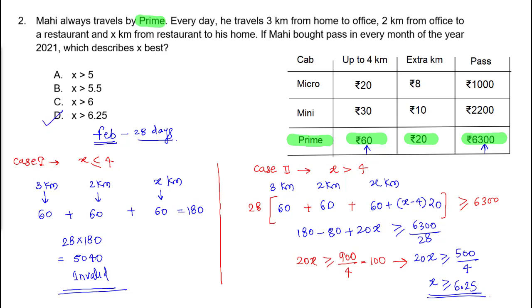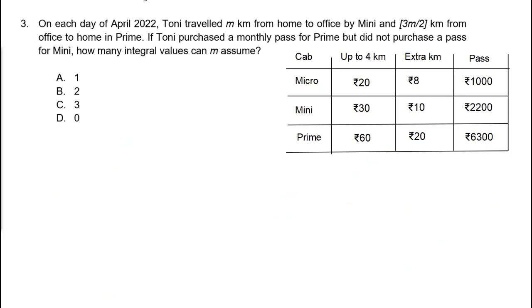Let's have a look at question number 3 now. On each day of April 2022, means 30 days, Tony travelled m kilometers from home to office by Mini, and 3m divided by 2 kilometers from office to home by Prime cab.